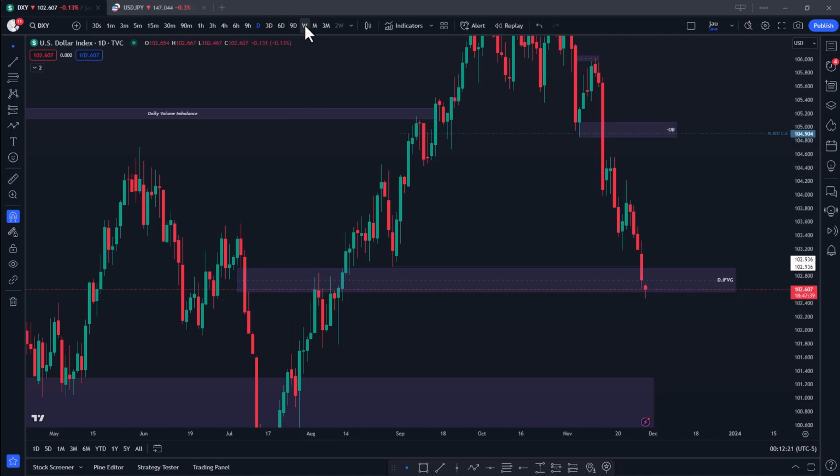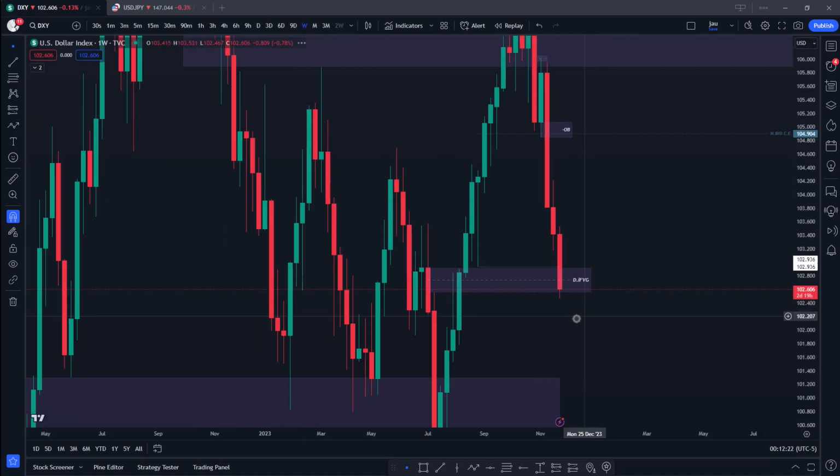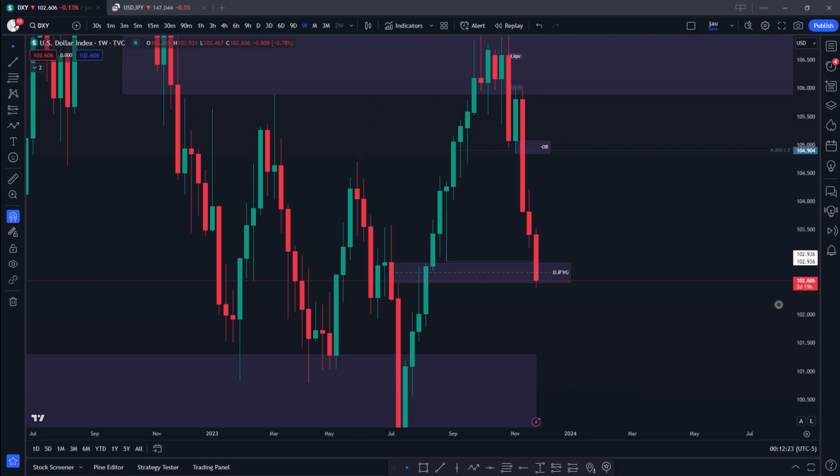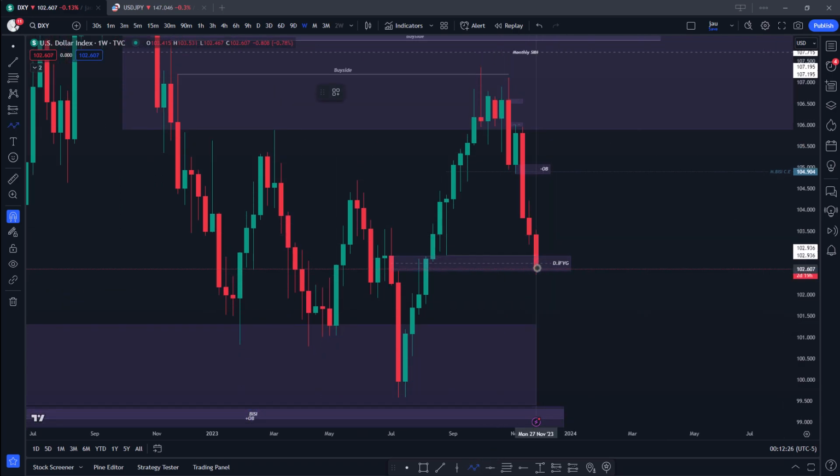For example, going to my weekly chart, if we could find some sort of support from this area into this inefficiency, this CB from this low to this high, or this tiny inefficiency here, one of them, then continue lower.